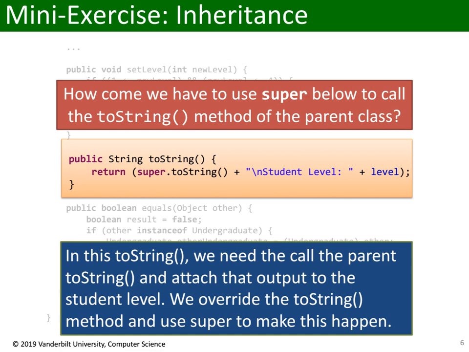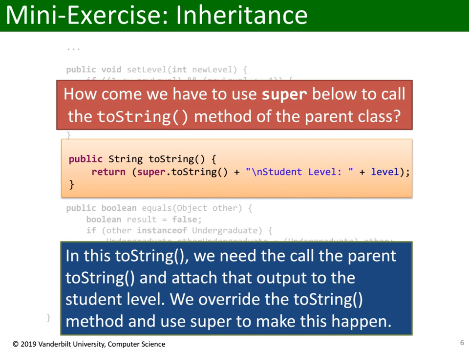So since we overrode the method, right, we're not overloading it, we're overriding it. So since we're overriding the toString method, when we have this declaration, which has the same return type, same name, and same parameter list as the toString method in the superclass, anytime we refer to the toString method without using the super keyword, Java is going to assume we're talking about this toString method.